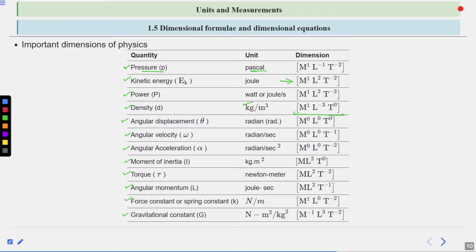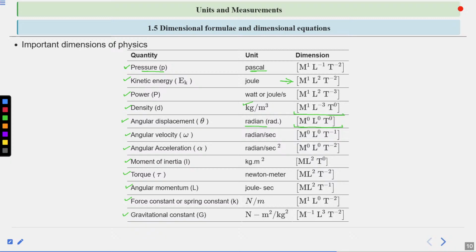Angular displacement, representation is theta. Unit is radian. And the dimensional formula is M0 L0 T0. It means angular displacement is a dimensionless quantity. That's why it will be M0 L0 T0.